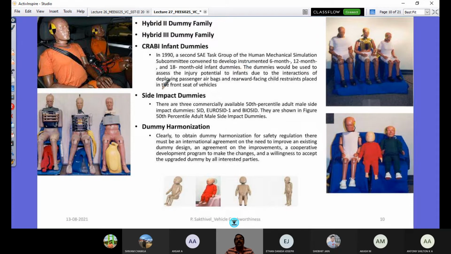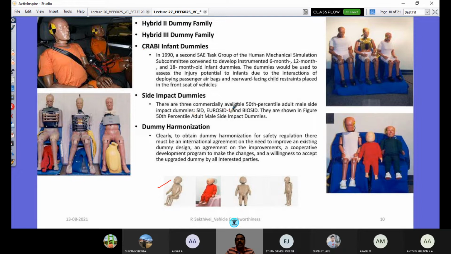The dummies would be used to assess the injury potential to infants during the interaction of deploying passenger airbags and rearward-facing child restraints placed in the front seat of vehicles. That's why these are called Child Restraint Airbag Interaction dummies. And you could see the side impact dummies on the left bottom.